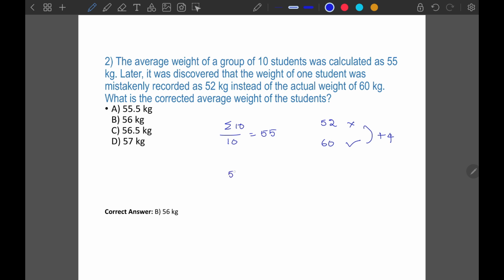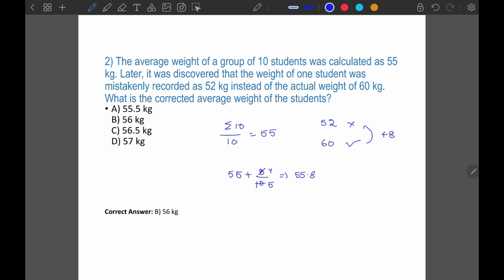We need to distribute this positive 8 among all the students, that is 8 by 10, so 4 by 5, which is 0.8.